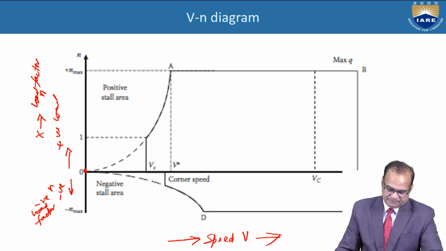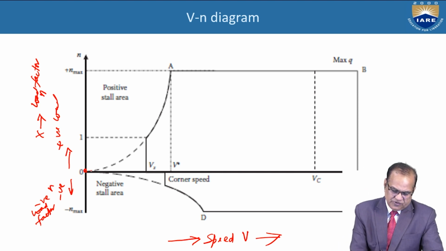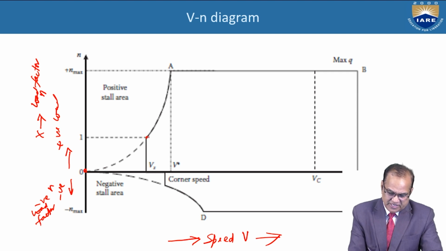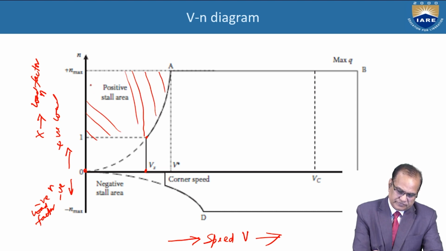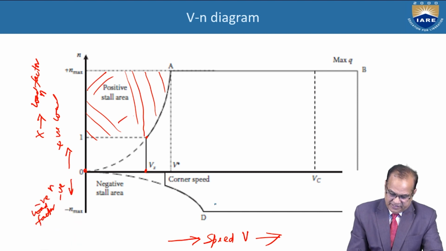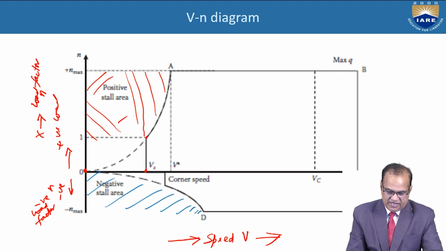If you draw the line from here up to a certain limit, this is the V stall, the stalling speed in the positive stall area. This is the positive stall area, and this is the negative stall area here.